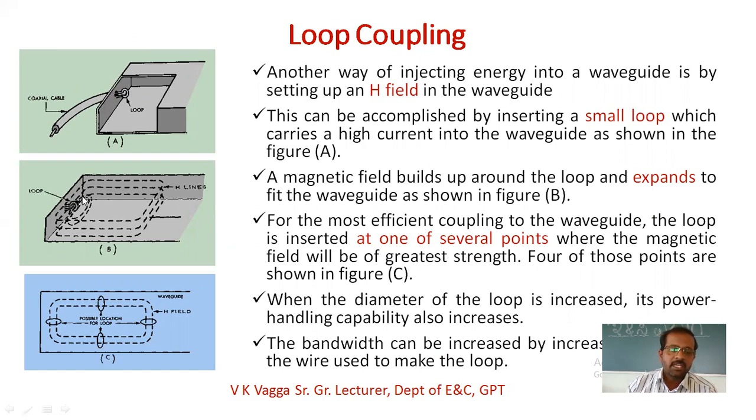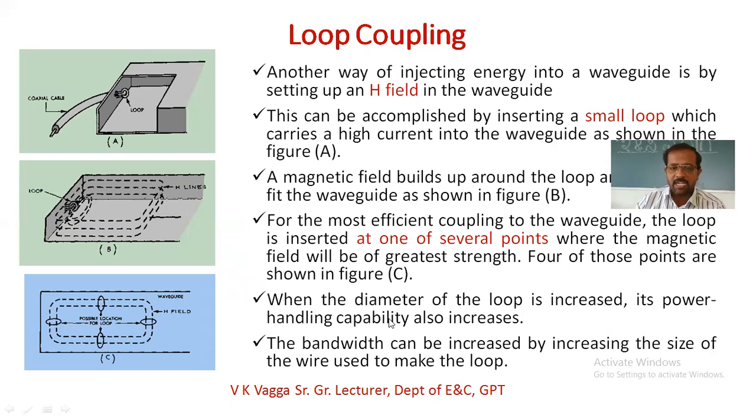Initially it establishes the H field around the loop, and afterwards it expands, and it can be inserted at any of the points shown in the figure. Increasing the diameter increases the power handling capability in the loop coupling, and increasing the size of the wire increases the bandwidth.